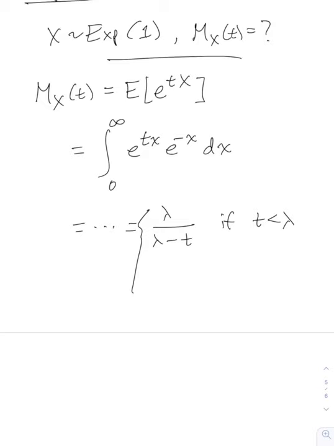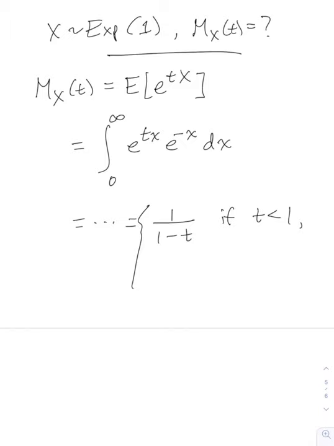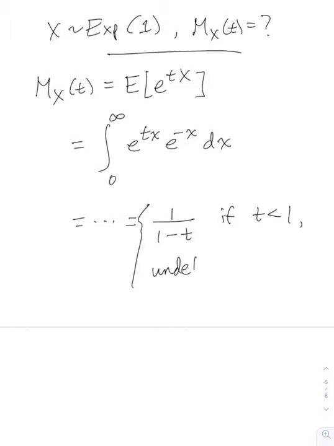I did 1, not lambda. Sorry about that. So this is what we get if t is less than 1, but if t is greater than or equal to 1, that improper integral diverges, so it does not exist. The moment generating function does not exist if t is bigger than or equal to 1.